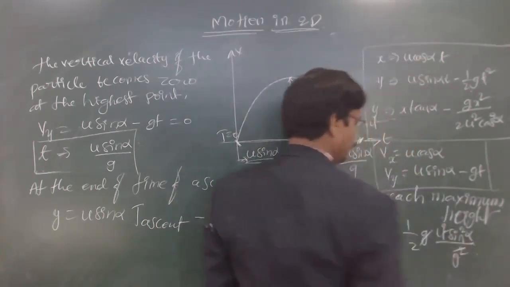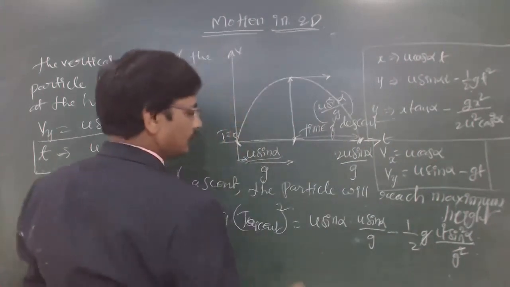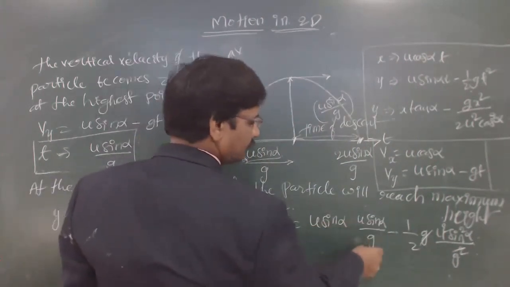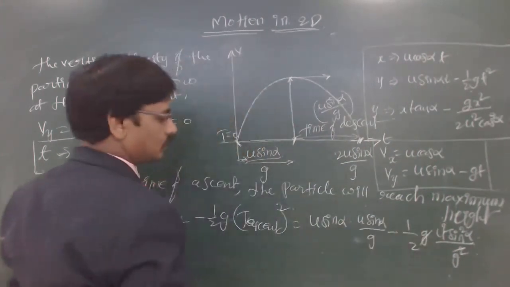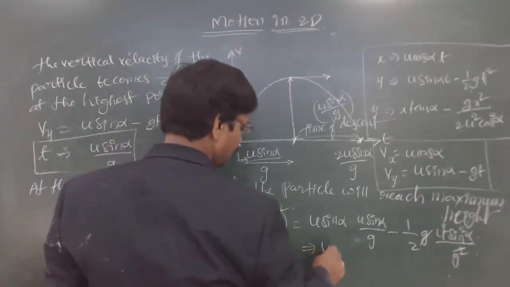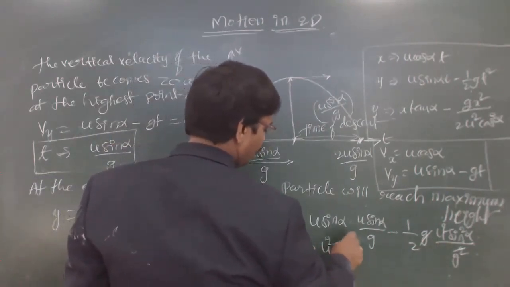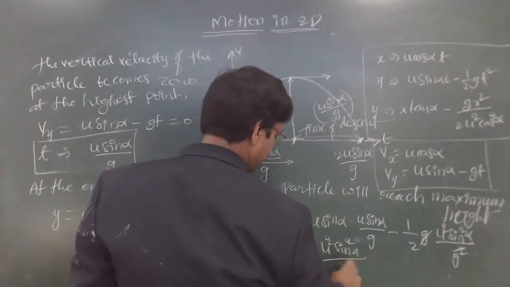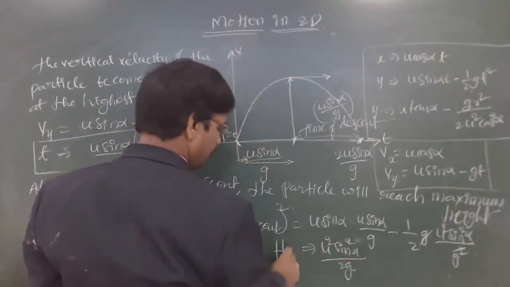So this g will cancel out, and then u square sin square alpha by g minus u square sin square alpha by 2g, and the subtraction of this is u square sin square alpha by 2g. So this is H max.